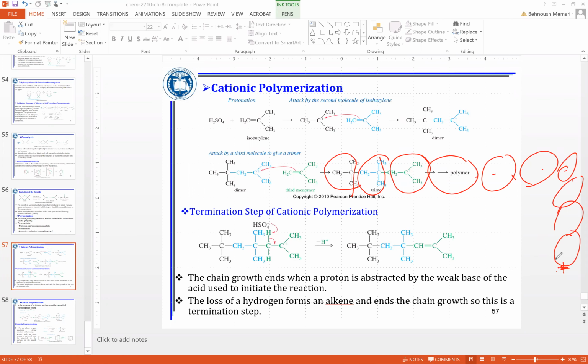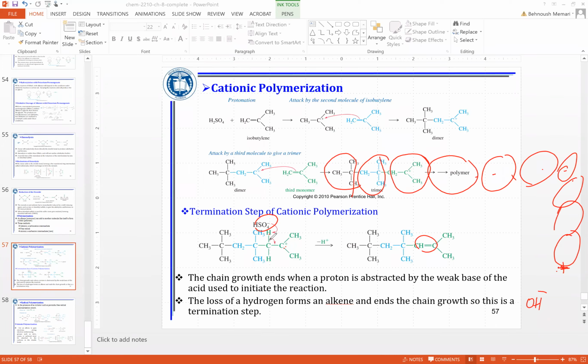So if you bring a base to remove a hydrogen, it makes a carbon-carbon double bond, a formation of alkene, because you have a carbocation. Or let's say you want to bring a hydroxide. Hydroxide is going to react with this carbocation, and then it will stop. It doesn't generate another carbocation. So that would be a termination step for polymerization.